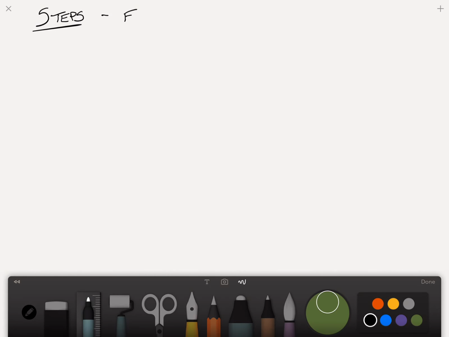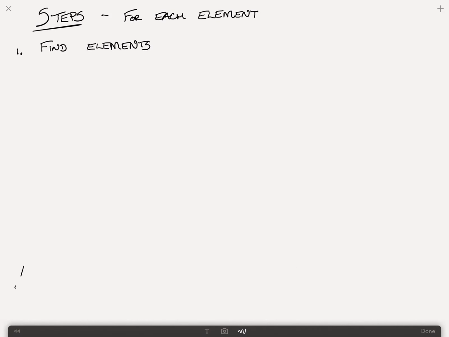So, for each element, step one, find the element matrix, or matrices, for n elements. We've shown how it's a function of n.